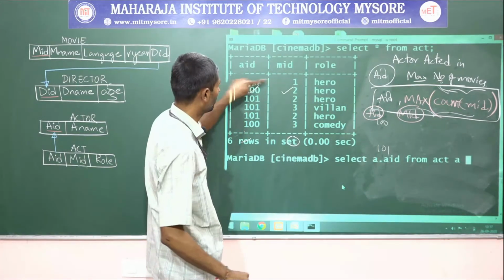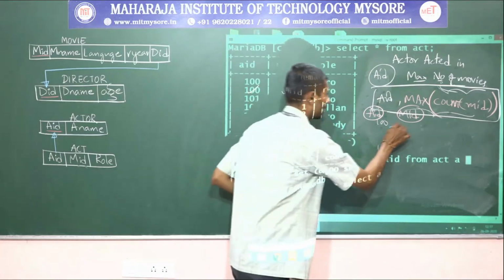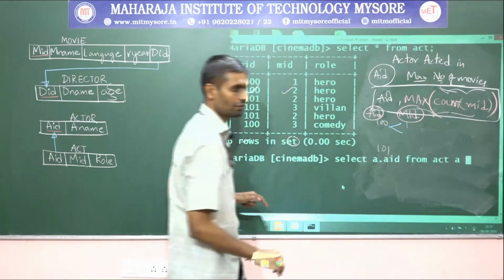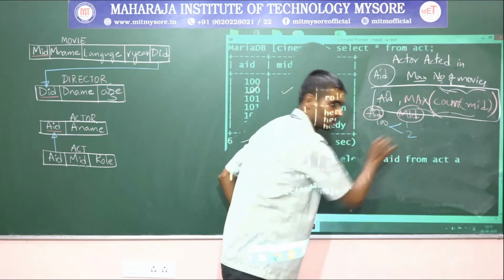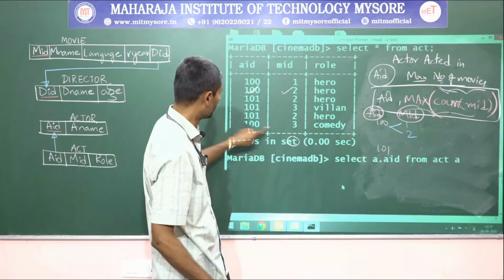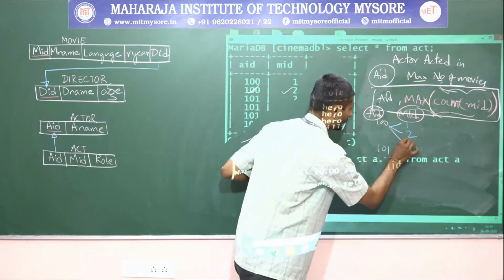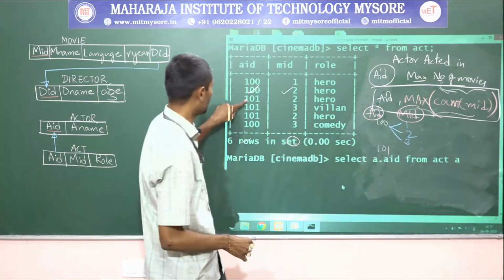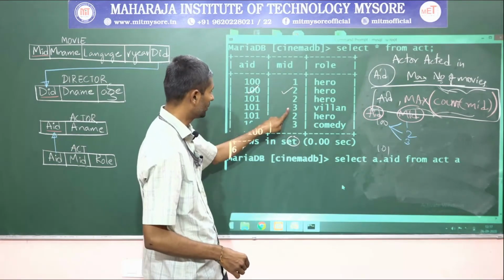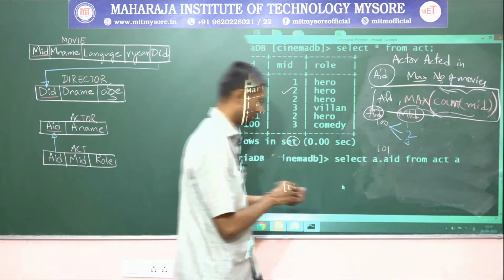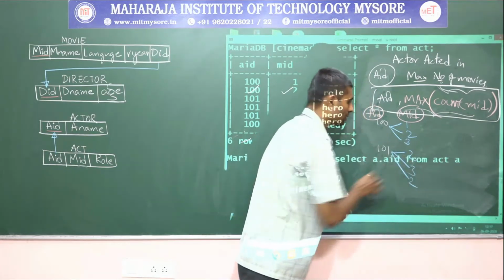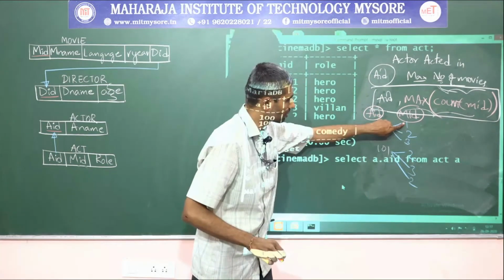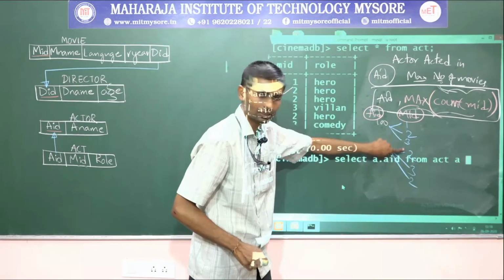Actor 100 is connected with 1, with 2, then with 3. Then 101 connected with 2, 3 and 2, right?